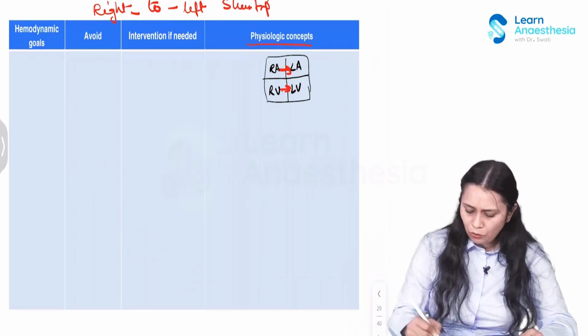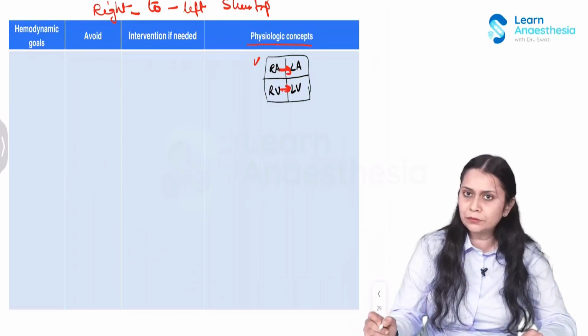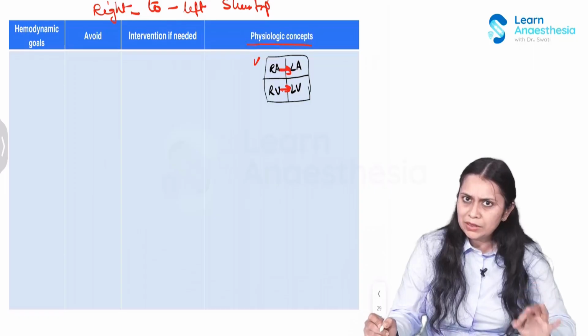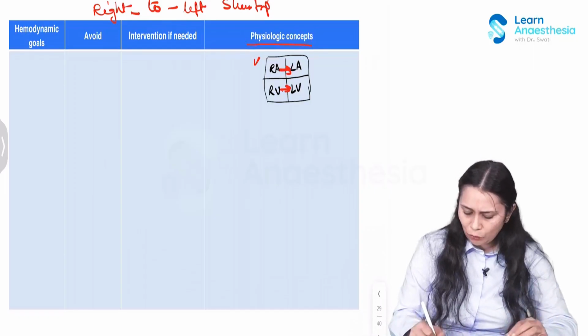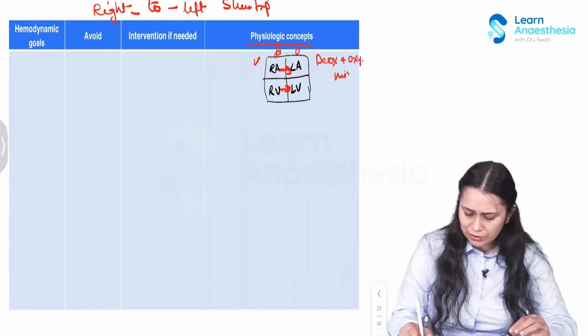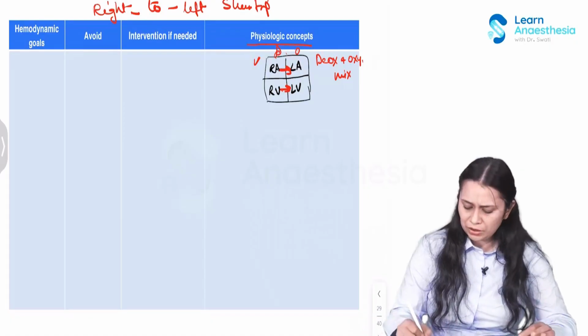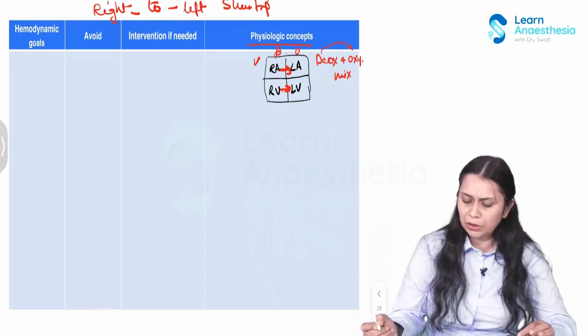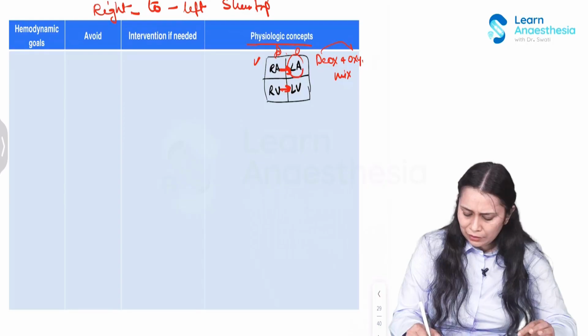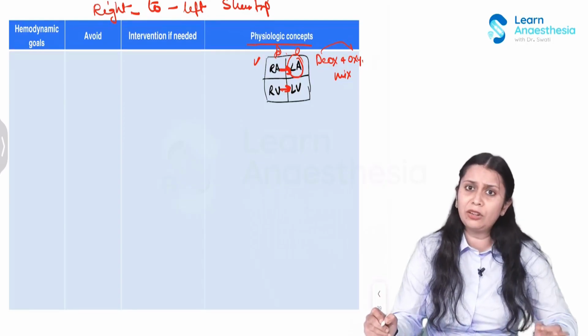So what can happen if this is the connection? The deoxygenated blood is mixing with your oxygenated blood. This is a parallel kind of circulation. To minimize the mixing of deoxygenated with oxygenated blood, we need to maintain the left atrial and end diastolic pressure.